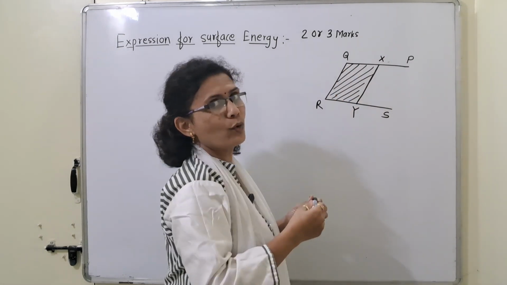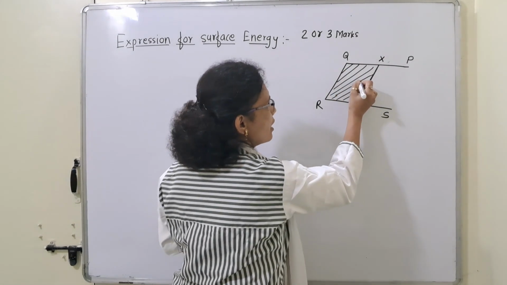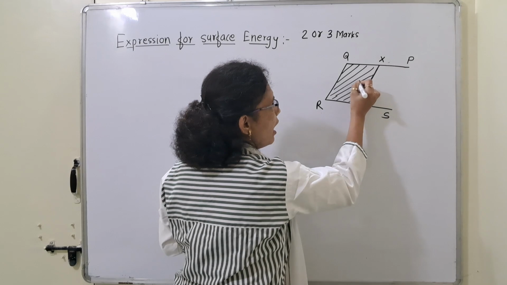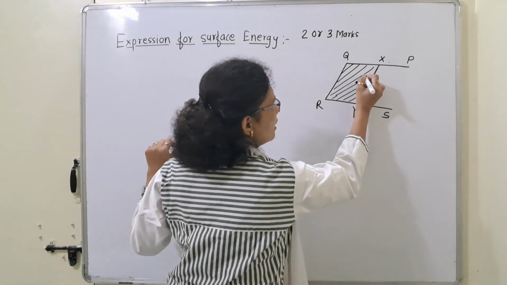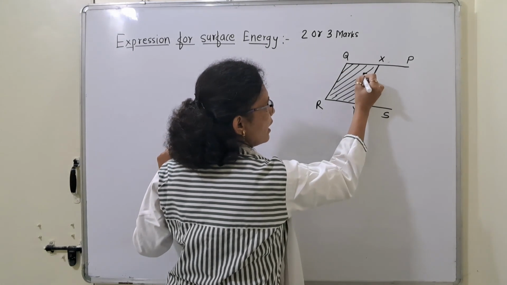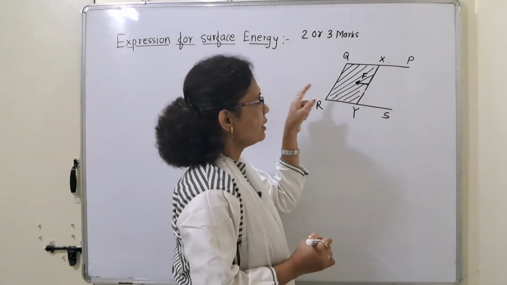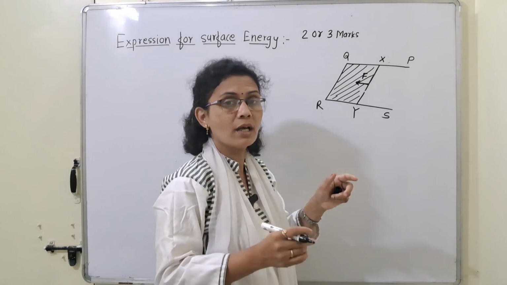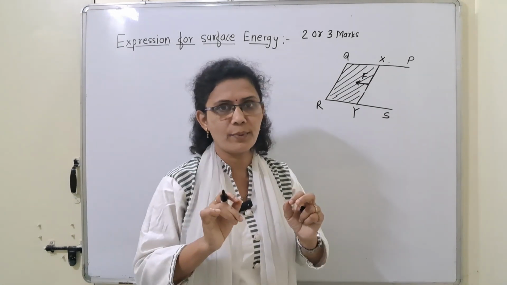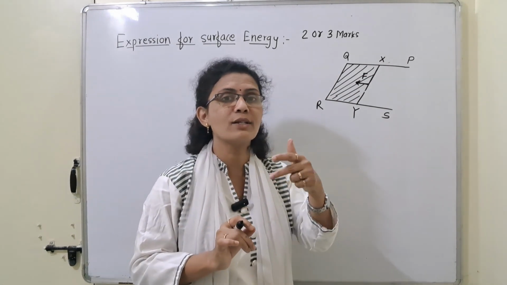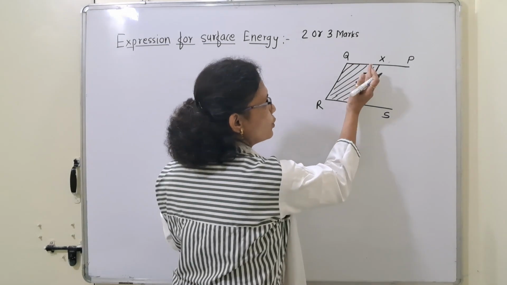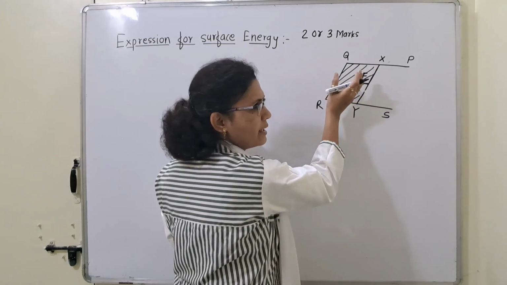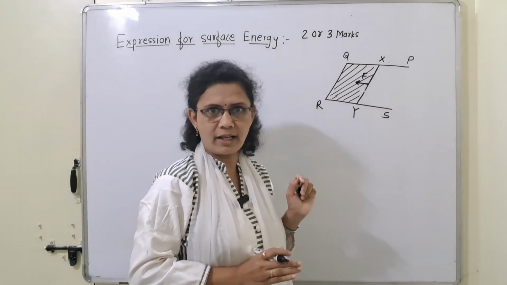Means an inward force will act on this movable arm XY. This force F will be inward, because surface tension is the property of the liquid due to which it tries to acquire minimum surface area. So if this moves towards this side, this area will decrease.